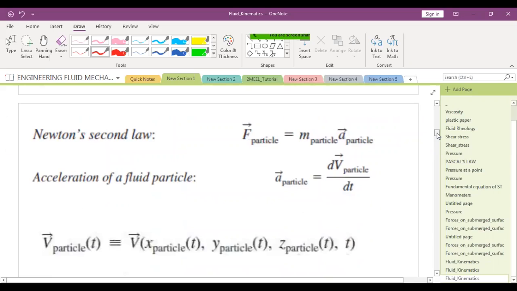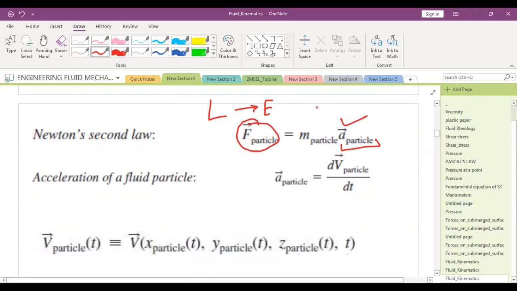This was the relationship between Lagrangian approach and Eulerian approach. So we took a simple example that, for instance, if there's a particle and some forces applied on that particle, it will accelerate with some non-zero acceleration.